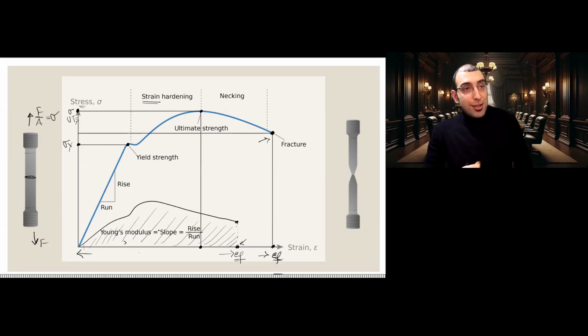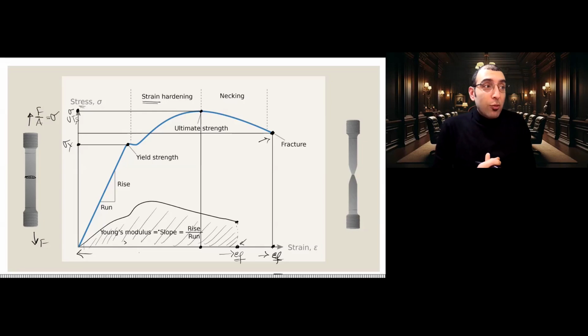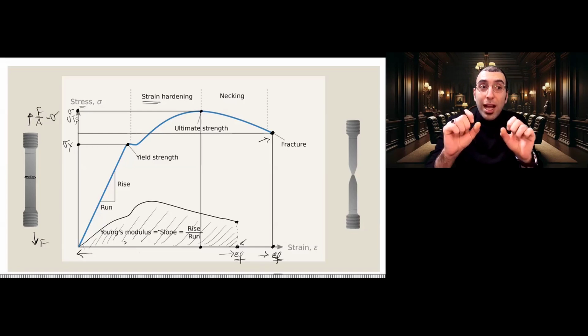So we discussed toughness, we discussed ductility, we discussed necking, and we also talked a little bit about strain hardening or work hardening, which effectively means that your material becomes stronger as you deform it.